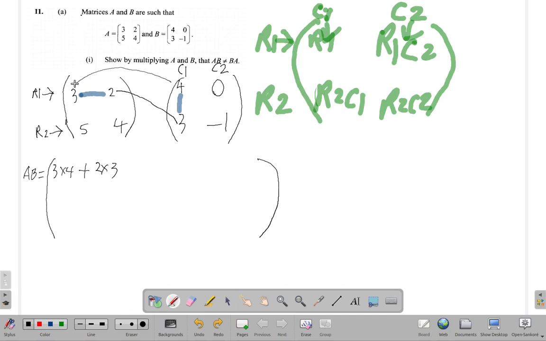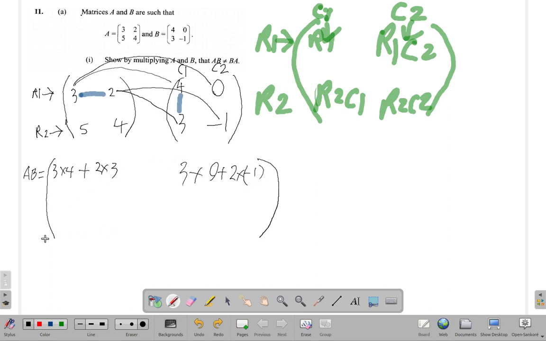First element in row 1, the first elements, it's row 1, column 2, 3 by 0, plus, then the second elements, row 1, column 2, 2 by -1. Alright, good.